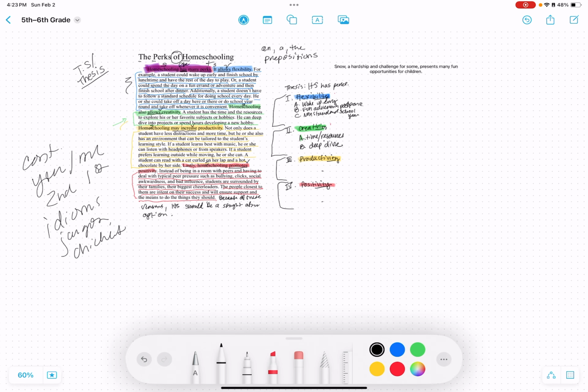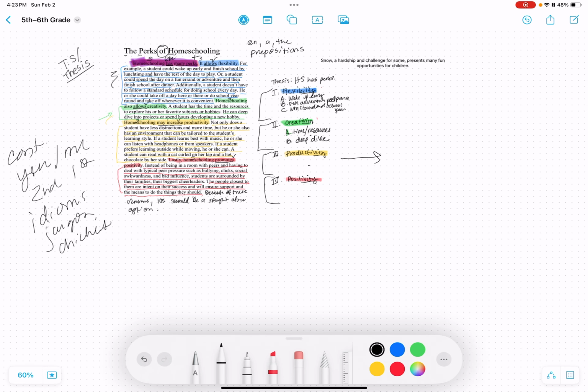Now, if we were to transition this to an essay, it would actually be very easy. The change would be that I would start with an introductory paragraph that was generally about education. And then my last sentence would be something about homeschooling having many perks. It may sound something like this: today in America, there are lots of education options.